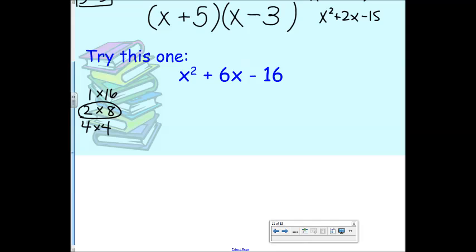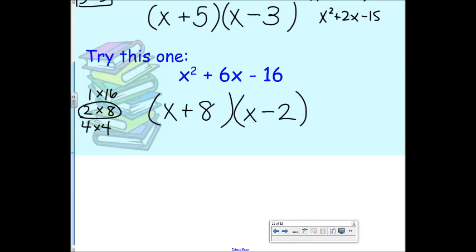So how do I start? X and x, right? Now, I need it to be a positive 6. So which of these should be positive? The 8, because you want the bigger one to be positive. So this is positive, and then this would be minus 2.